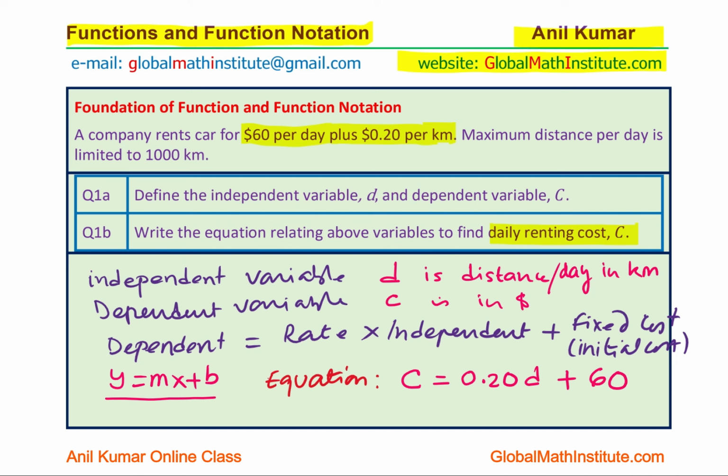Make sense? So that is how we'll get our linear equation as the solution for the given situation. So that is how we have converted that sentence to an algebraic equation.